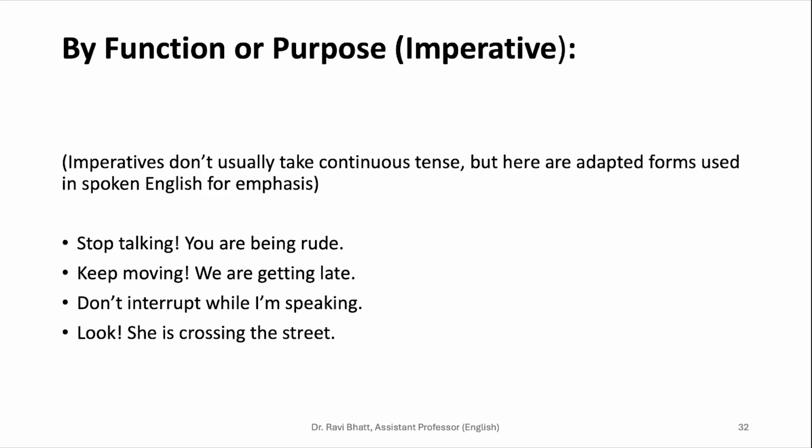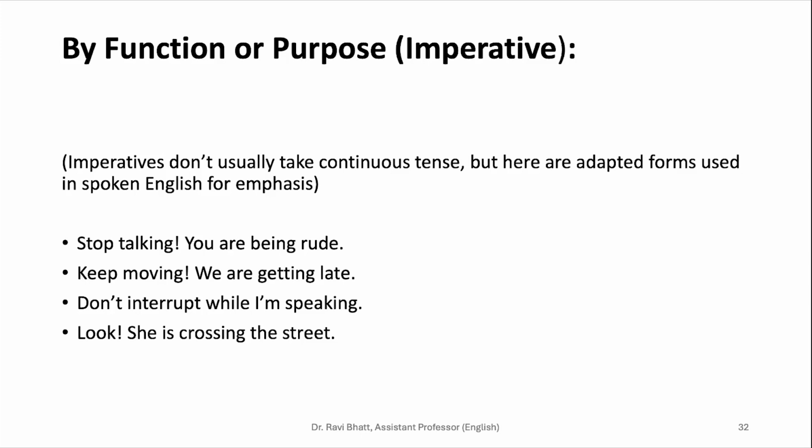Keep moving, we are getting late. Don't interrupt while I'm speaking. Look, she's crossing the street. Though they are not completely imperative sentences, we've made it an adapted form so that you can understand the meaning. Because in general, imperative sentences either give a command or make a request.